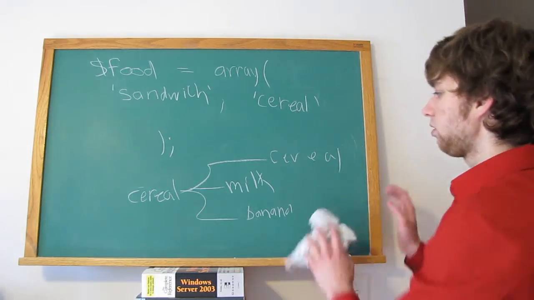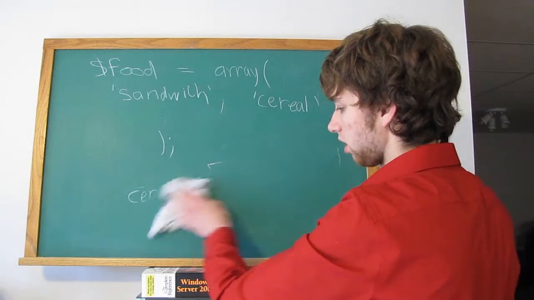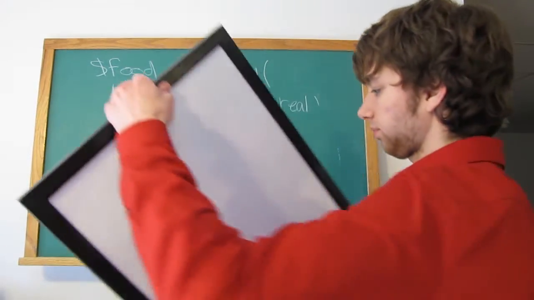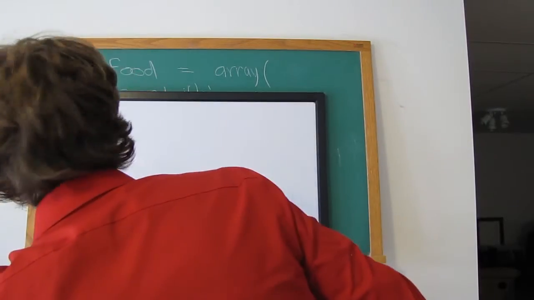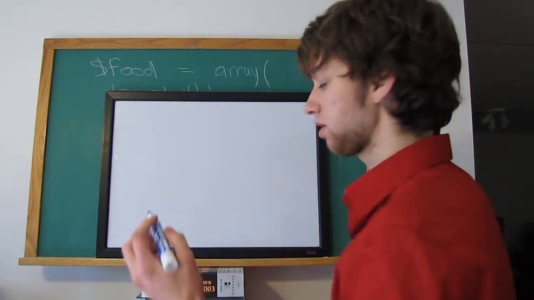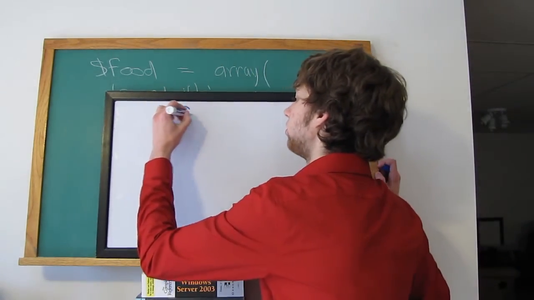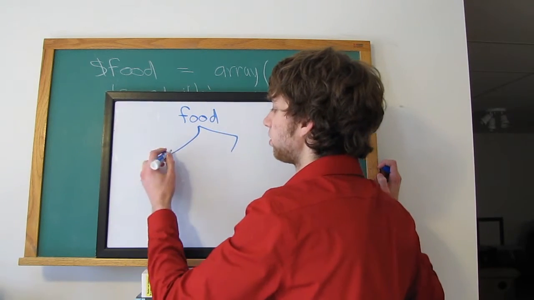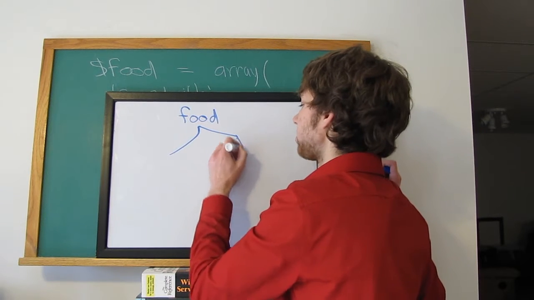Alright, so now let's draw a little concept map of this just to make things pretty darn clear. Alright, so we have food. Food is broken up into two separate values.